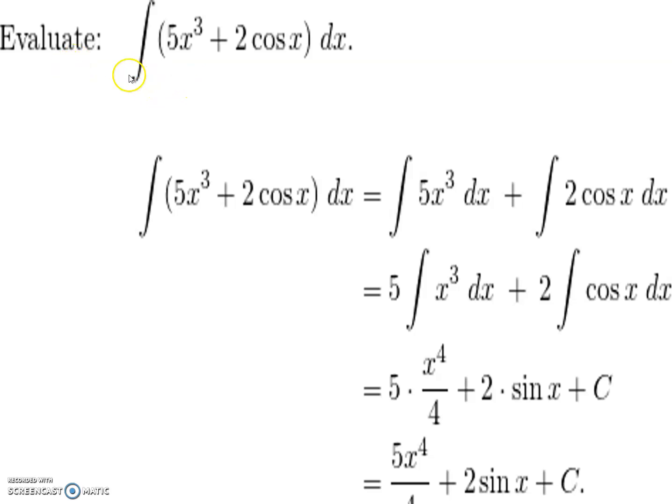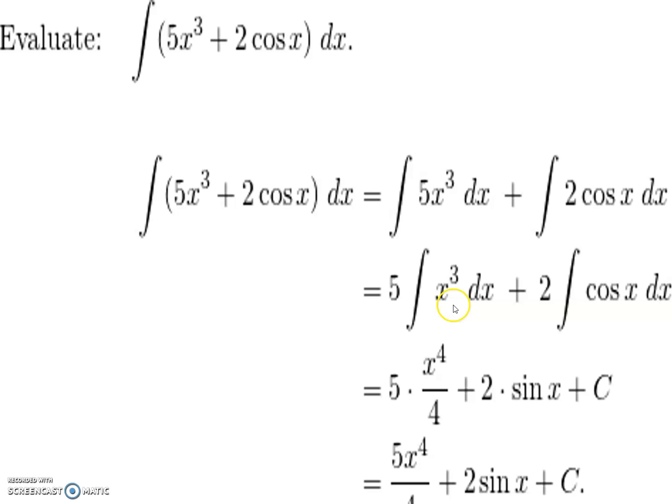Now evaluate the integration of 5x cube plus 2 cos x dx. We have to separate the integration of the terms and take the constants outside: 5x cube dx plus 2 cos x dx. 5 and 2 are constants. That's why 5 times the integration of x cube dx plus 2 times the integration of cos x dx.